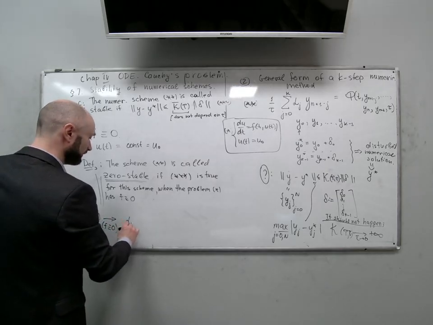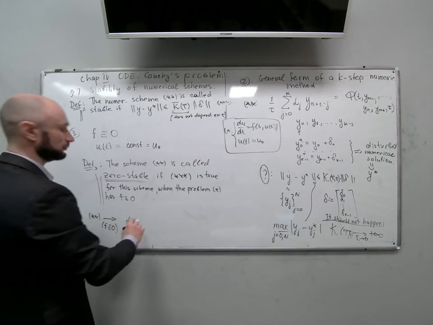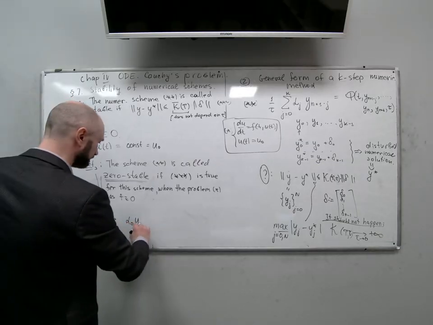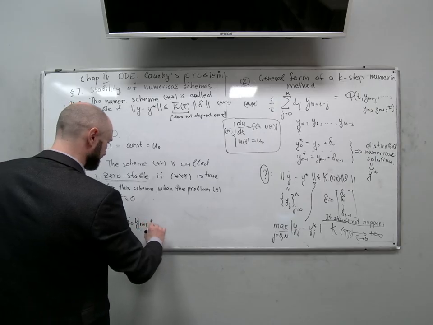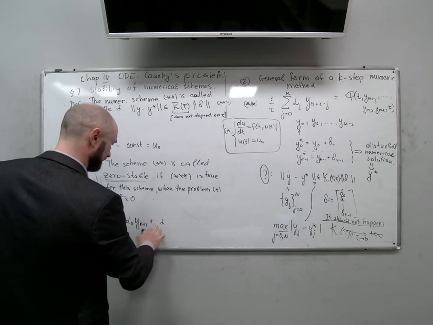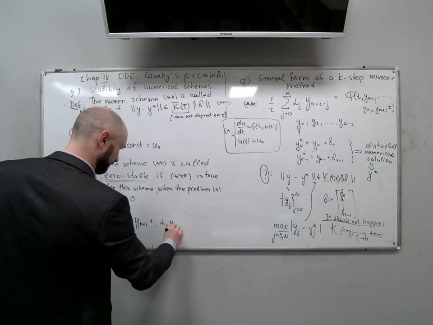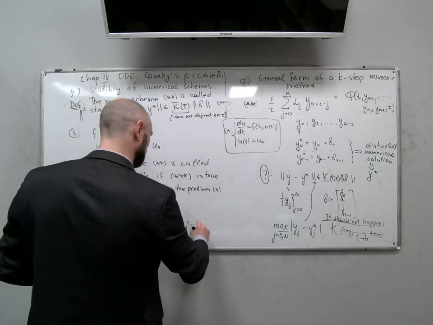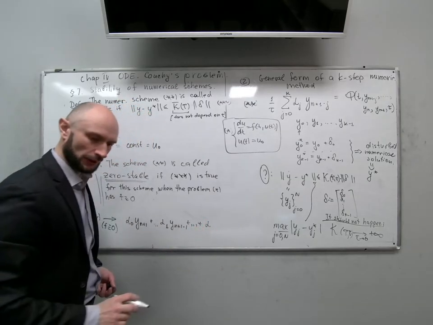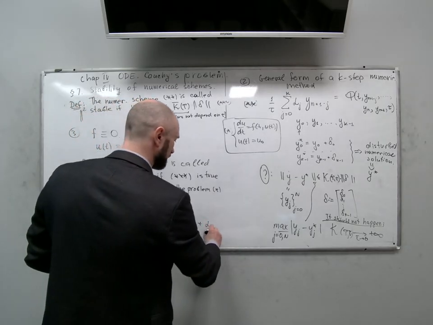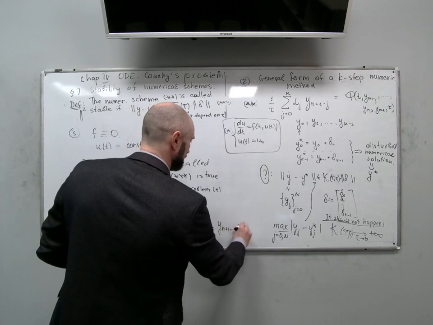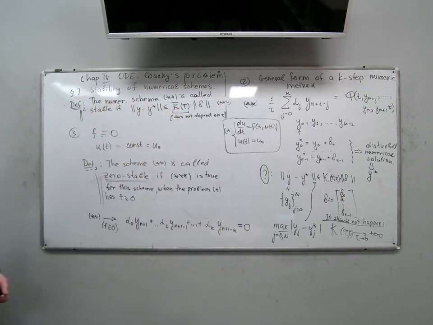And we only have the left hand side: alpha 0 y n plus 1 plus alpha 1 y n plus 1 minus 1 plus and so on plus alpha k y n plus 1 minus k is equal to 0.